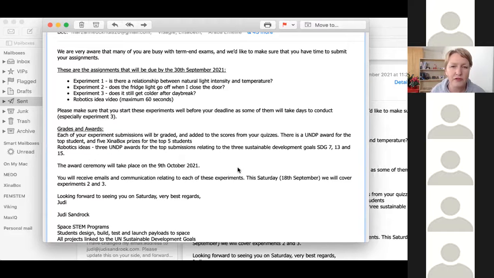Some of those top award winners will be invited to attend the ceremony, which will take place in Johannesburg, Gauteng. If you are one of those 3 robotics ideas winners, you will be flown to Johannesburg and transported, etc. All of those costs are covered under the program, for yourself and a guardian.